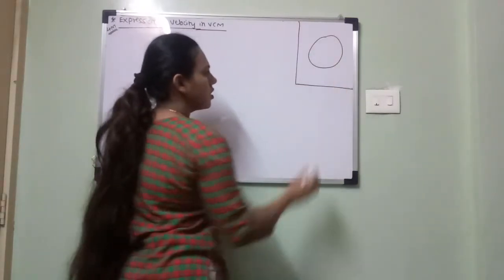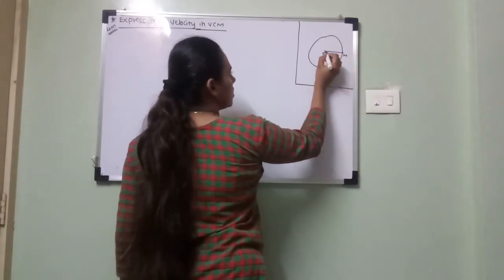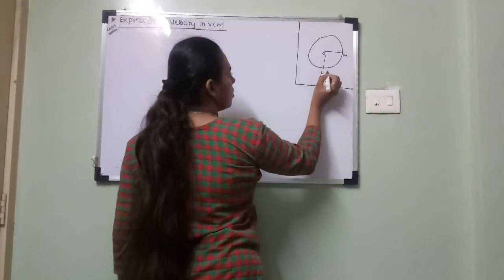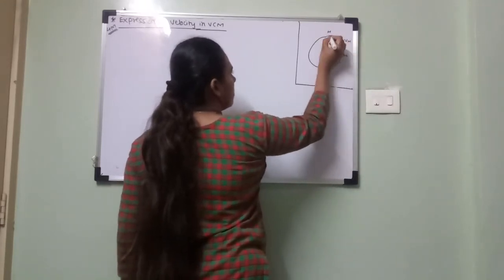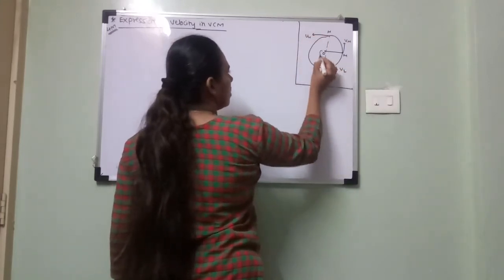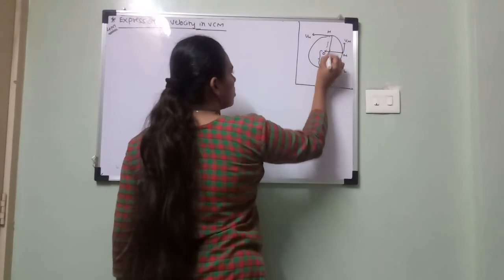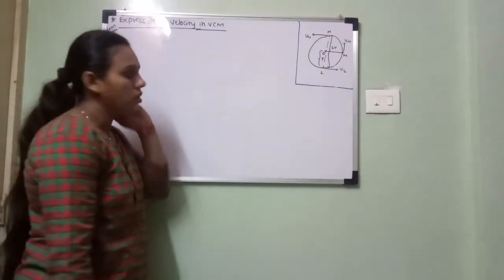Again this is a circle, this is O, this is the midway position, this is the lowest position, and this is the highest. Velocity over here is Vm, velocity over here is Vh, velocity over here is Vl, this is R, and this total is 2R. You will require this because you want the law of conservation of energy.